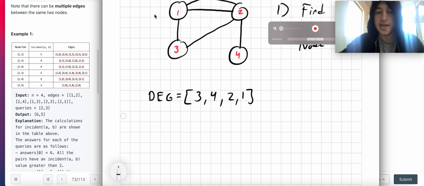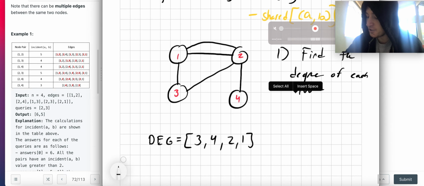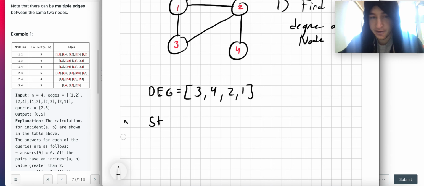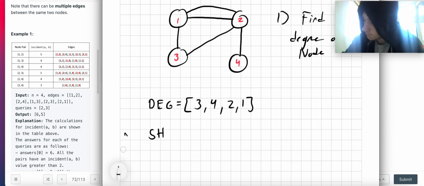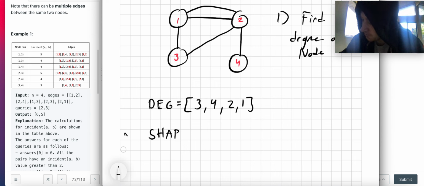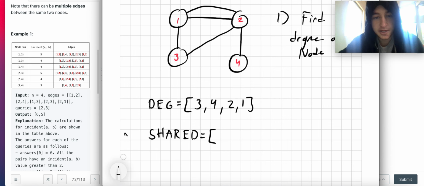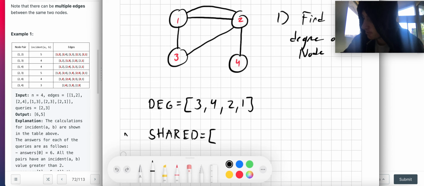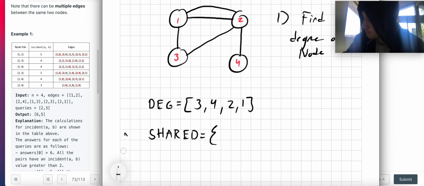So every time we look at an edge, we can just say, okay, there's another shared edge between these two nodes. So if I have shared down here, it'll actually be a dictionary. That way we can just add things easily.